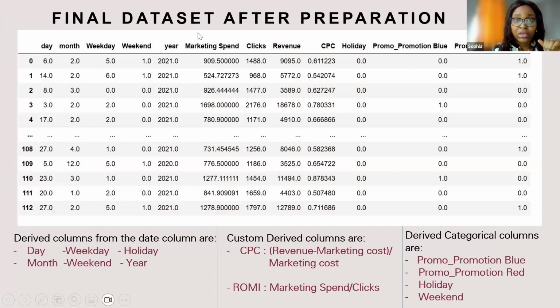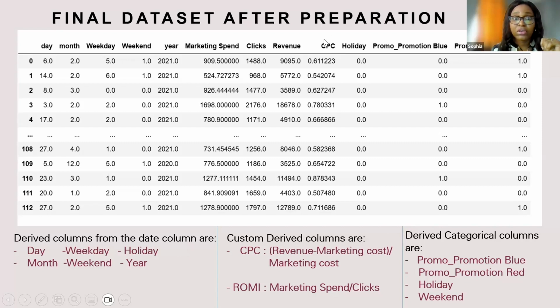And then with that, I was able to get my marketing spend. The marketing spend was actually given to us already, and then we needed to ascertain the clicks as well, and the revenue was also already given to us. CPC was a derived column as well.